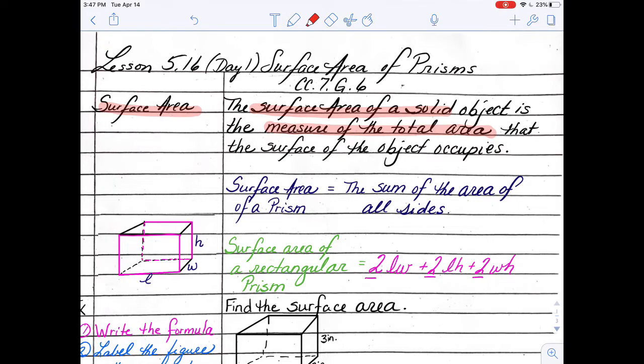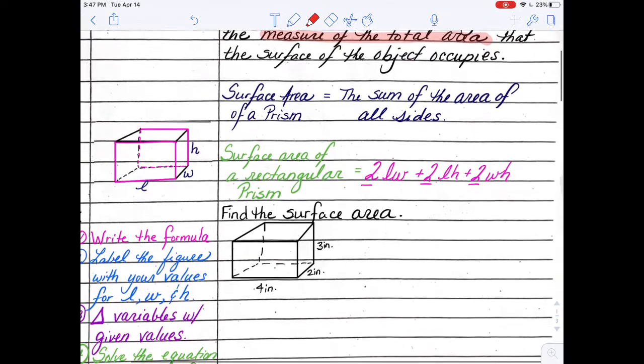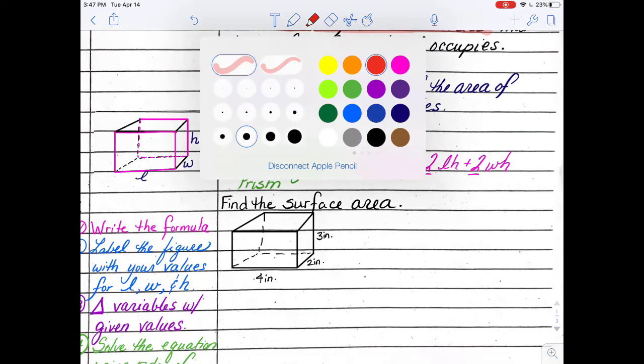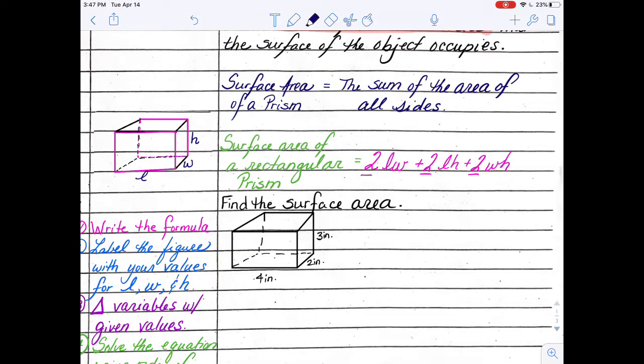It's almost like you're wrapping a present, and you don't wrap just part of it, you wrap the entire outside of that object. And that's what we're doing today. So again, surface area, no matter what the shape is, is just the sum of the areas of every single side. Now, the easiest one, of course, is a rectangular prism.